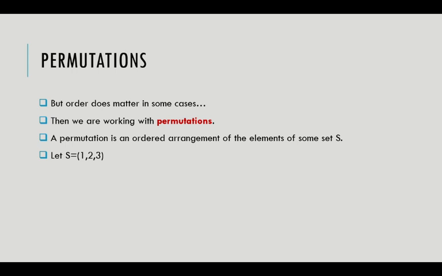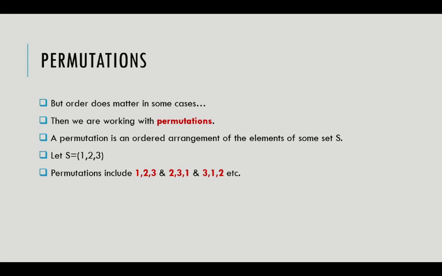So if we're talking about permutations of this set of numbers, do you agree that it could be 1, 2, 3? It could be 2, 3, 1, it could be 3, 1, 2, etc. Because order matters. If I asked you to figure out how many different possibilities there are, well, there's also 2, 1, 3, right?